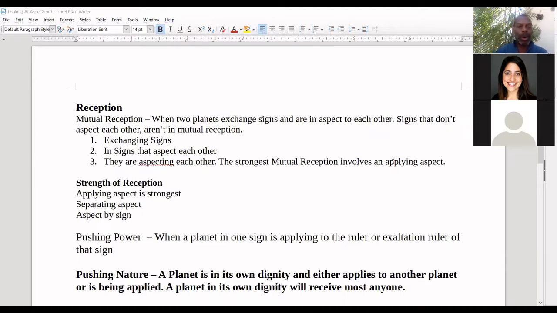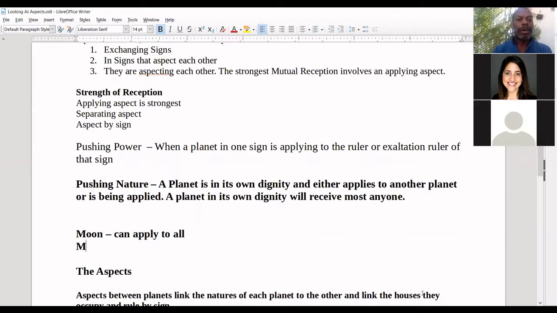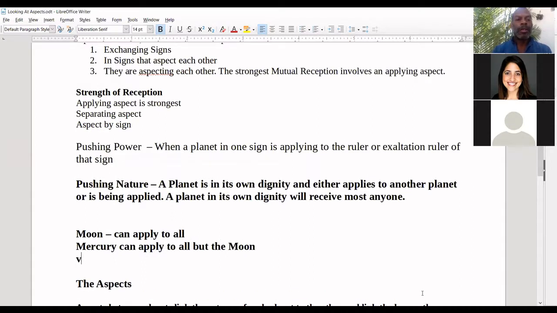So this is what I'm actually going to do right here for a second. The moon can apply to all. Mercury can apply to all but the moon. Venus can apply to all but moon and Mercury.